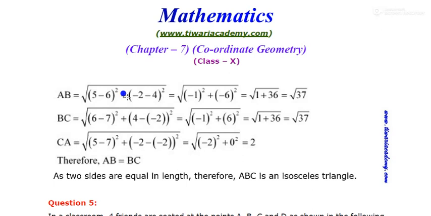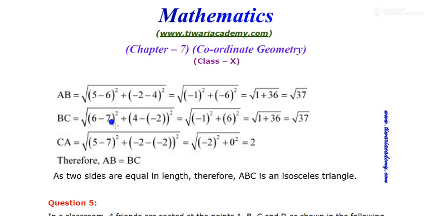I am using the same distance formula in the entire question. Till this question I had not used a single new formula. Now, the distance between A and B is √37.